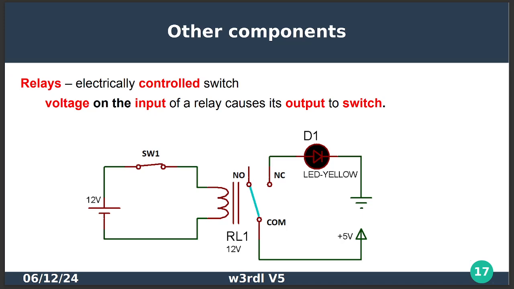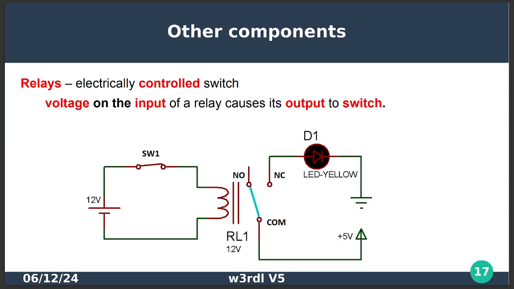So you've got normally closed and normally open, and then you've got your LED up there at the top. When there's current through this circuit and it draws the switch over, then it's open. Your switch is open, so you should have no light on your LED there on D1.